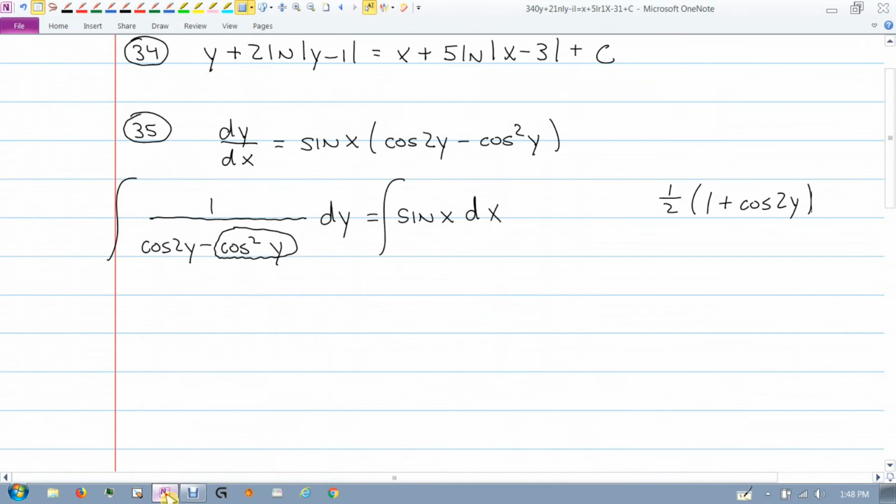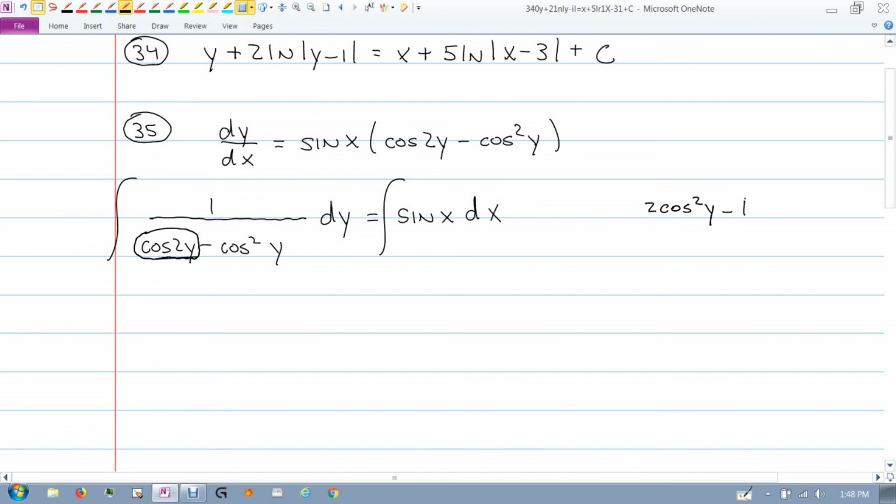Okay, actually, I'm going to do something different here. I'm actually going to use a formula for this one. So it's basically the reverse. You can use a formula that says that is a double angle identity. It turns into 2 cosine squared y minus 1.